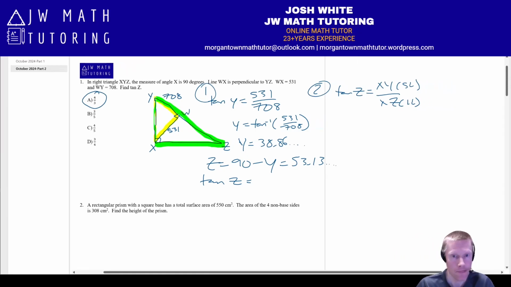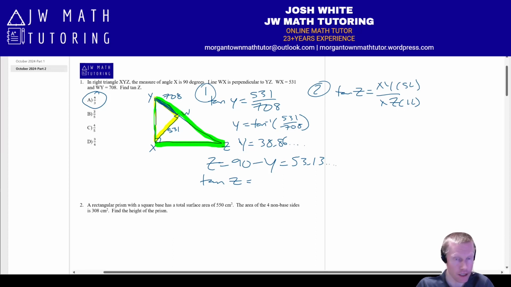So now, if you look at the small triangle, the yellow triangle, you set up the ratio in that triangle of the same corresponding sides, which is going to be right here.